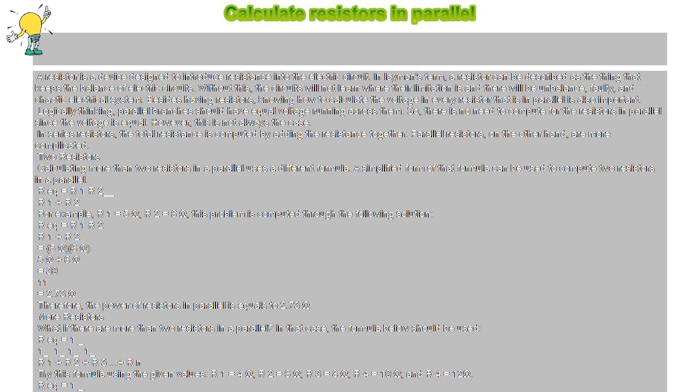Req equals 1 over (1/R1 plus 1/R2 plus 1/R3 plus 1/Rn) equals 1 over (1/4 ohms plus 1/6 ohms plus 1/8 ohms plus 1/10 ohms plus 1/12 ohms) equals 1 over (0.25 ohms plus 0.17 ohms plus 0.125 ohms plus 0.1 ohms plus 0.08 ohms) equals 1 over 0.795 equals 1.26 ohms.